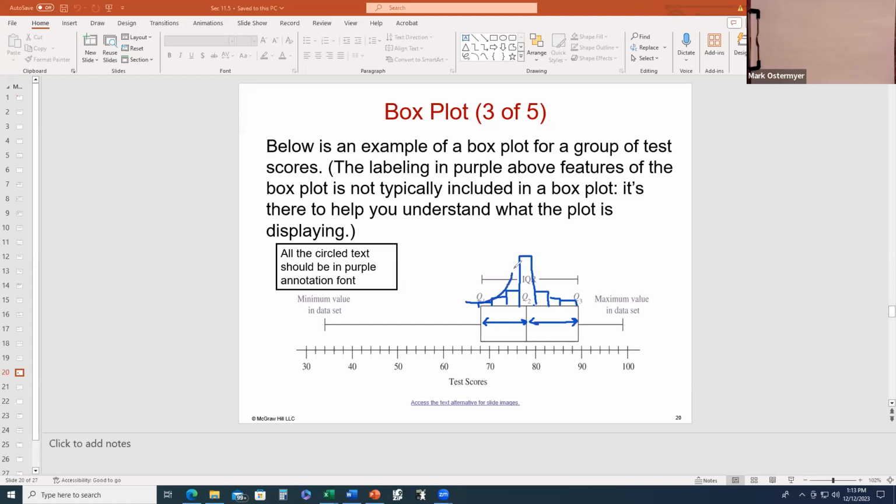Or we would say this data set is bell-shaped, or normally distributed. Okay? So this data set looks like it's a normal data set, meaning it's symmetric and it's bell-shaped. And so we would say that this data set of test scores possesses a rather high degree of normality.